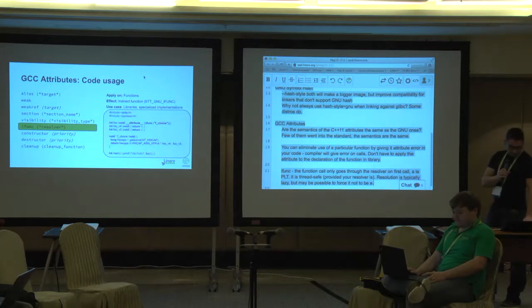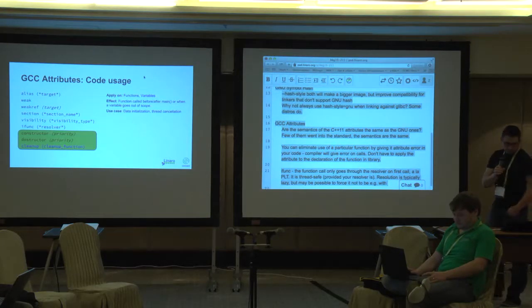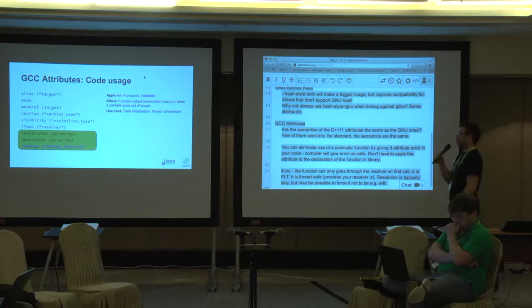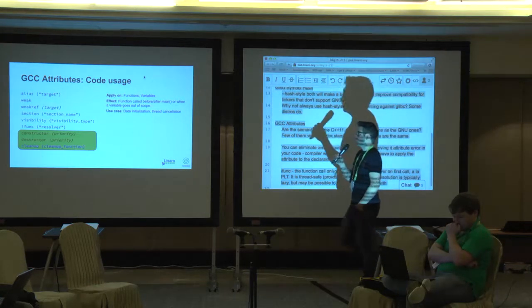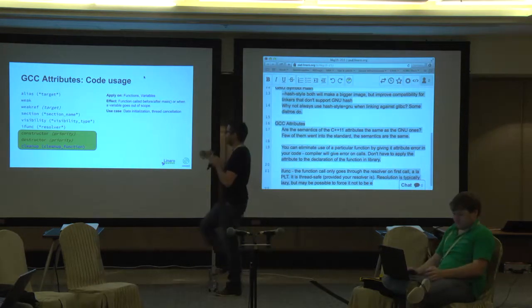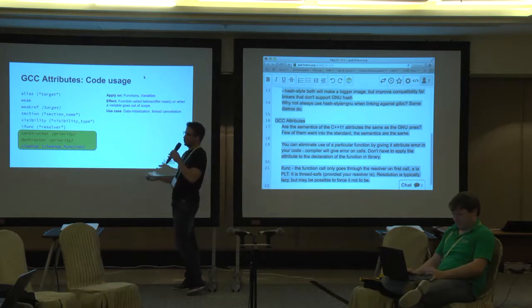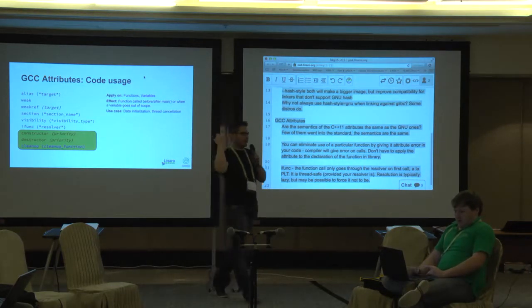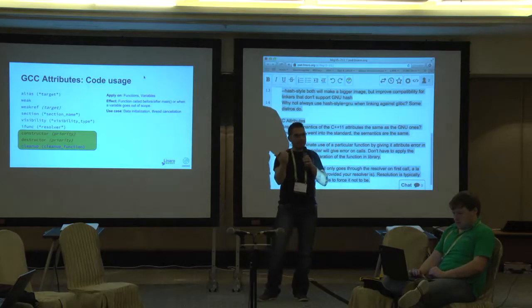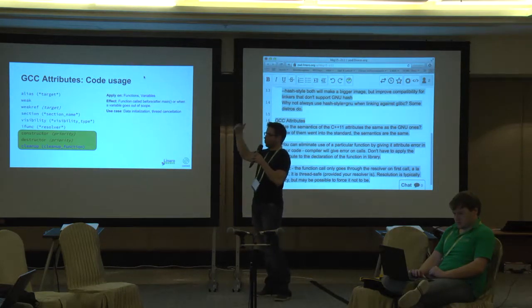Okay. The next ones are constructor, destructor, and cleanup. This is pretty obvious. When you put a constructor attribute on a function, it will be called before main, and the destructor will be called after main or the exit of your program.